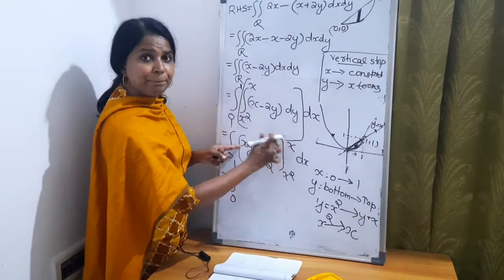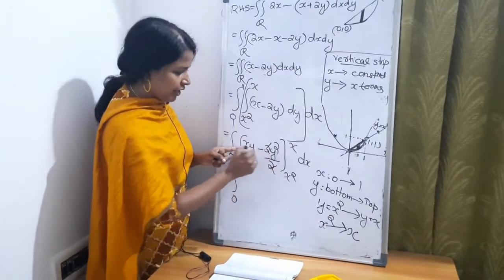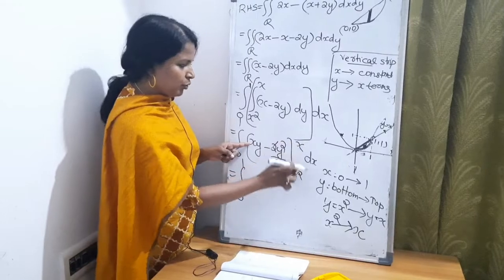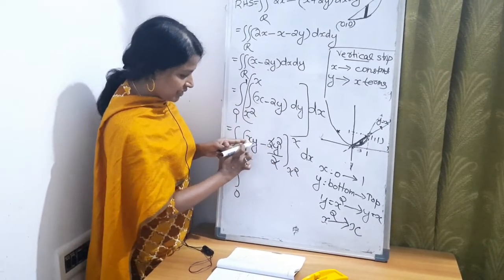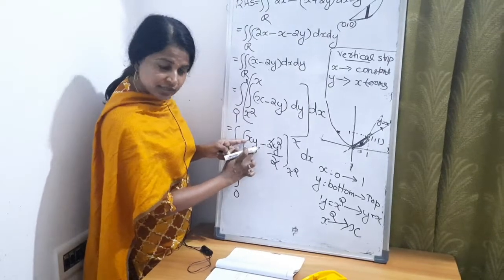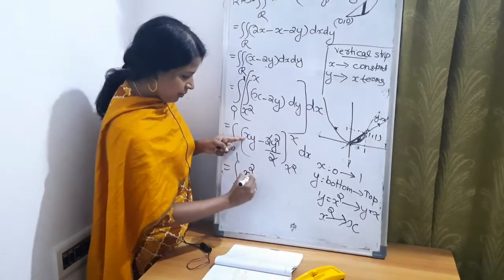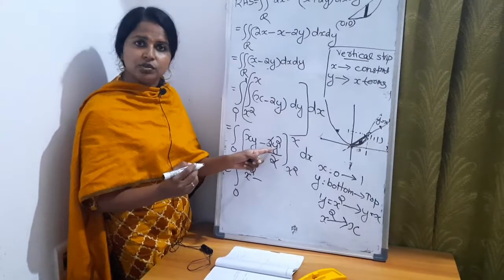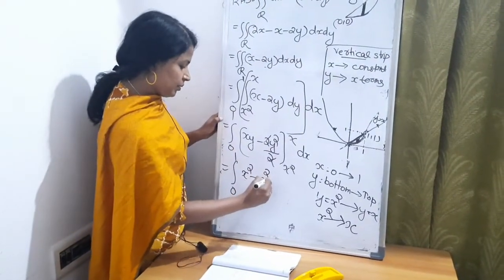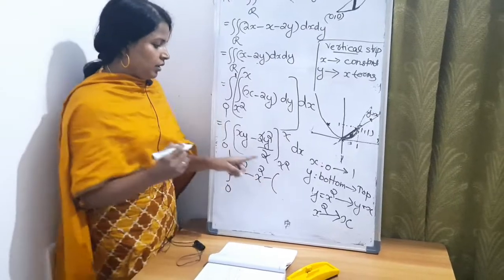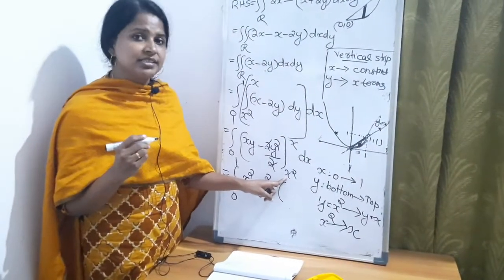That is equal to integral 0 to 1. First we put the upper limit; the 2 and 2 cancel. Upper limit: put y equal to x, that is here x square, minus, here y square means put y equal to x, that is x square. Minus, the lower limit is x square.